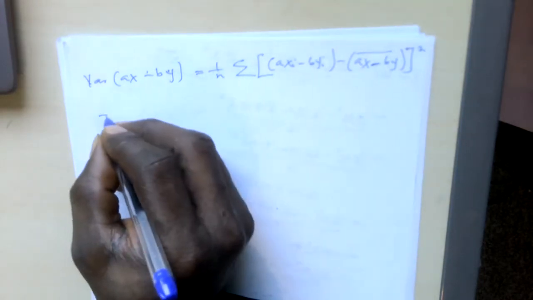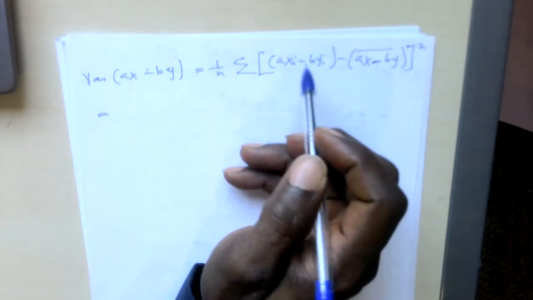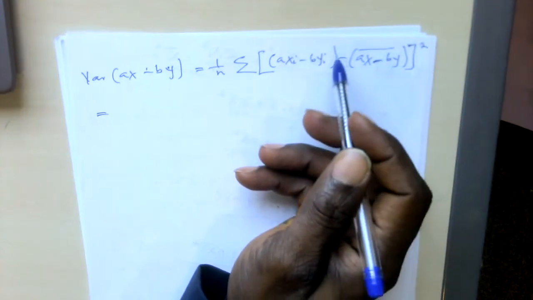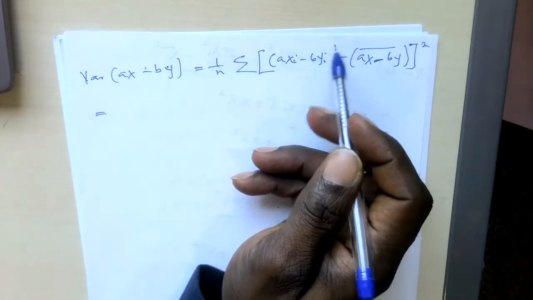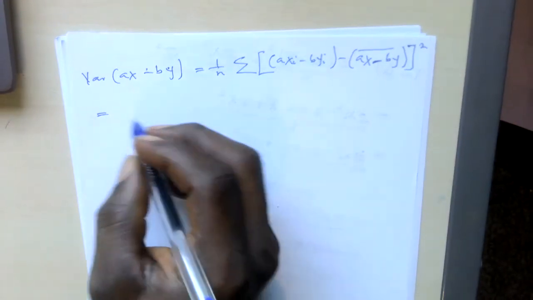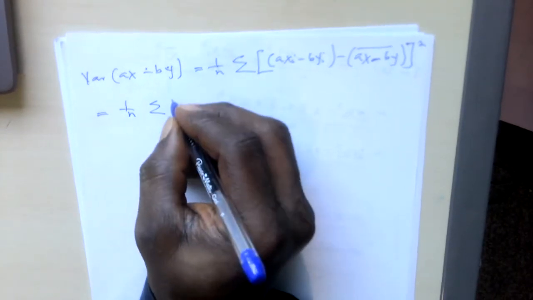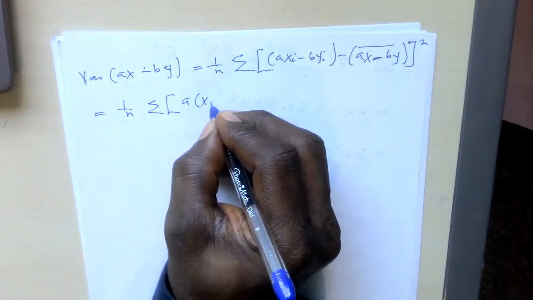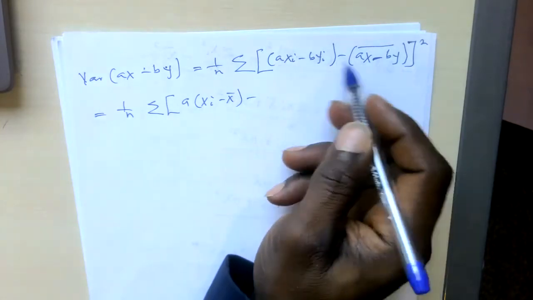That would be, and we know it because it's variance. I've explained earlier on. Now, if you expand this and you bring out this constant guys out, I think we have, before you expand, we have summation a x i minus x bar minus, that is after collecting like terms.